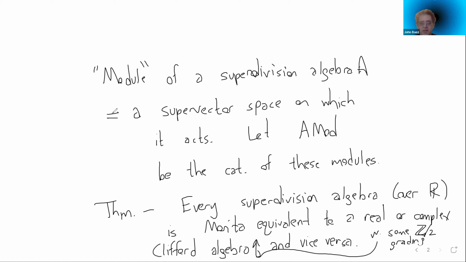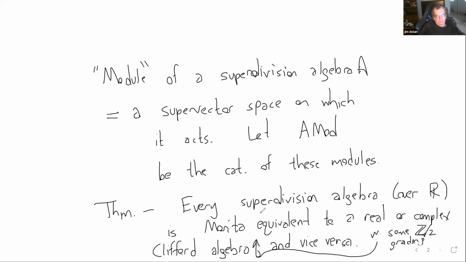Yeah, so these superdivision algebras are usually just algebras, by which I mean these categories A mod. Some of them are nice symmetric monoidal categories in a good way, like the category of real vector spaces or the category of complex vector spaces. But a whole bunch of them don't really want to be monoidal categories that way. But what they do have is that you can tensor an object in one of them and an object in another one of these and get an object in another one.